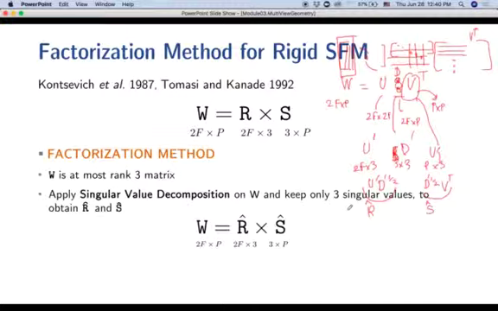Yes, but what is orthonormal here? The columns themselves, not the rows. The rows are only 3. So the first 3 elements and the next 3 elements are not going to be orthogonal to each other, because the whole row was orthogonal and you dropped all of that now. Now D is a diagonal. The columns of U prime are orthonormal to each other.